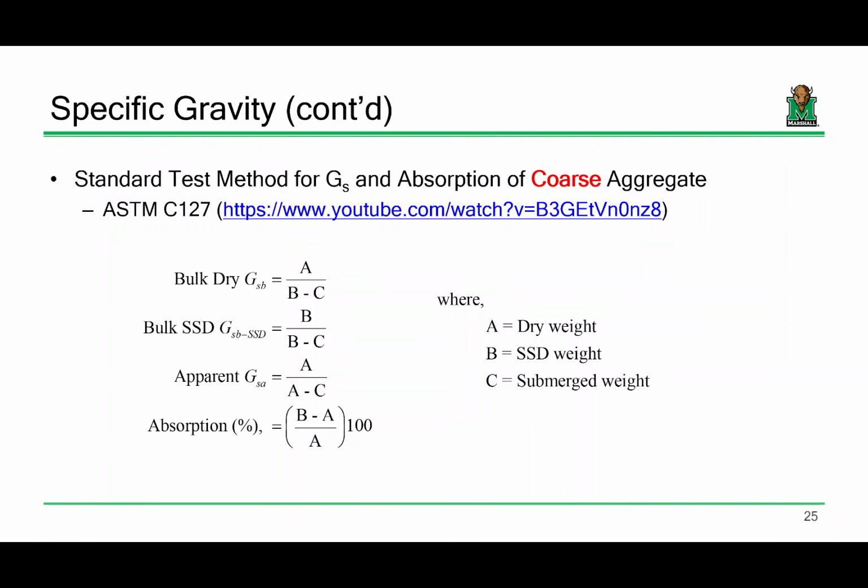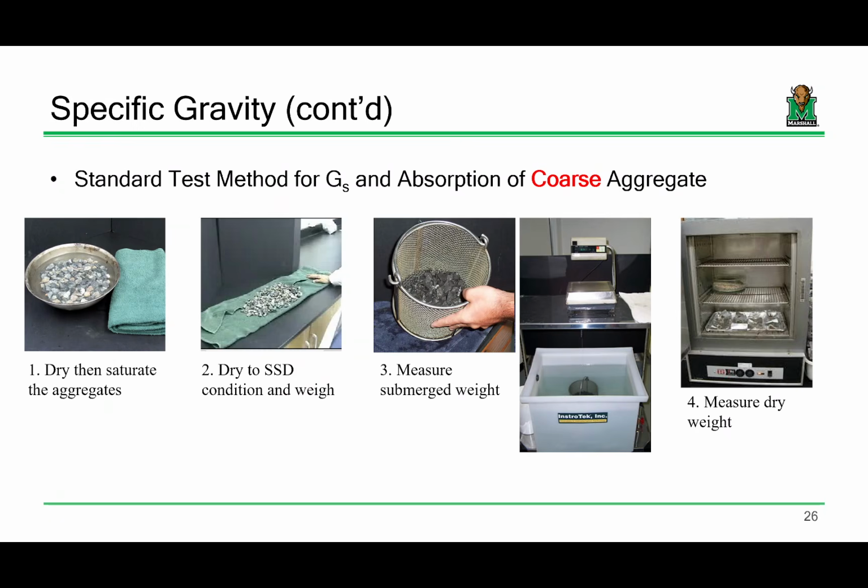With bulk computations, we're using like that volume, but with apparent, we're using that volume. Does that make sense? So that's really the difference there. And so the way that we determine that is we just take the difference between the weight, either dry or SSD, minus the weight submerged, so that we get the weight of the water that occupies that volume. That's kind of the idea there.